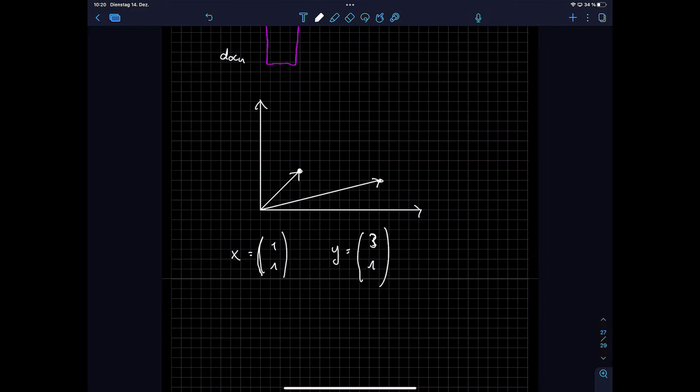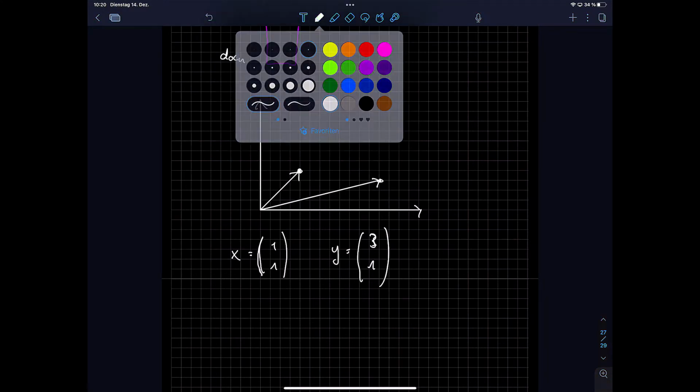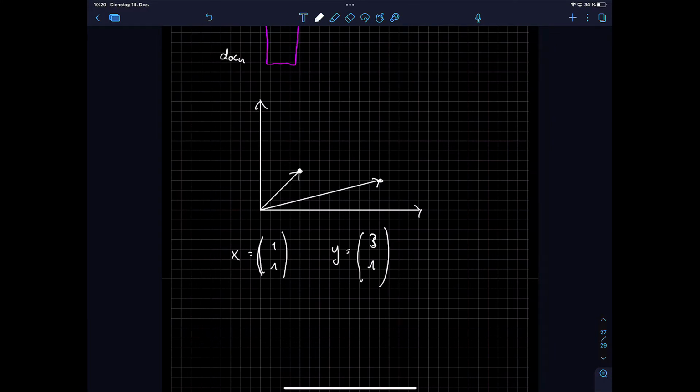If we want to calculate how close the points are, let's draw another point here, maybe this one. Then obviously the first point and the third point are probably a little closer to each other than the first point and the second point.